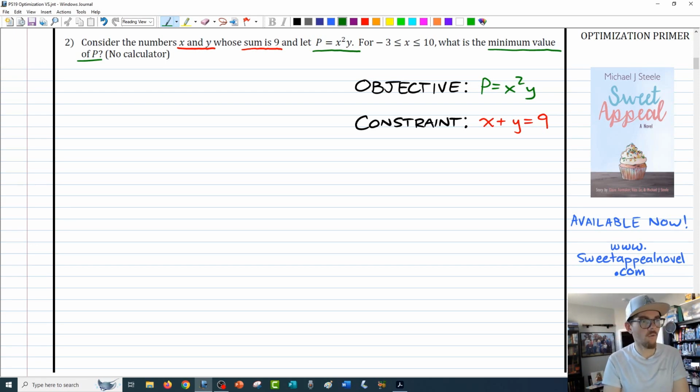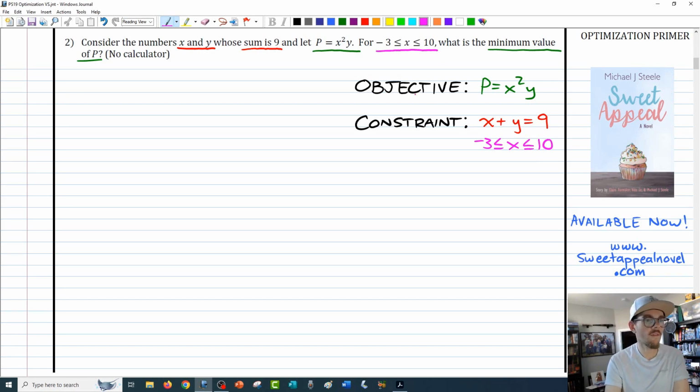From here, though, we've got some extra information that we're going to want to work with, because in this particular problem, we're told that we're only going to be considering x values between negative 3 and 10. And that's also going to constrain us a little bit. In fact, you could theoretically throw that down here as a second piece of information that contributes to the constraint.